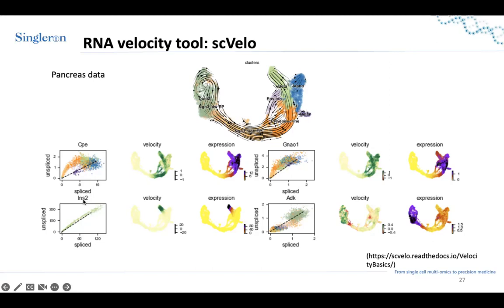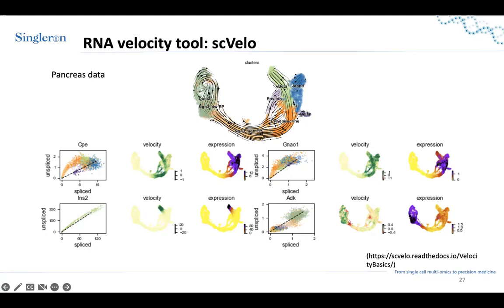But for another gene, like INS2, you see that the curve is very close to the straight line, and the RNA velocity is not so high. By using this information for all the genes, you have a velocity profile for a particular cell.